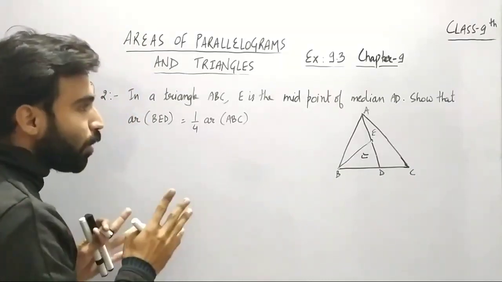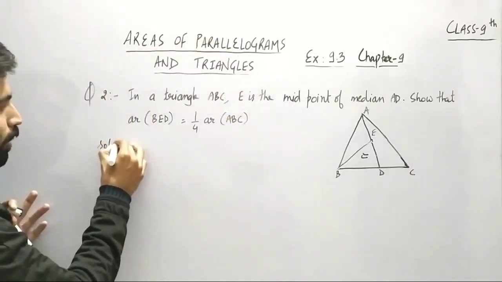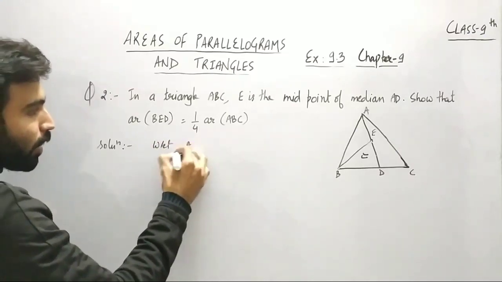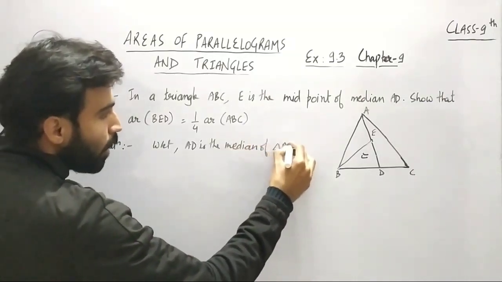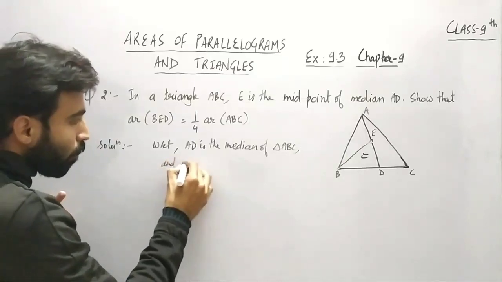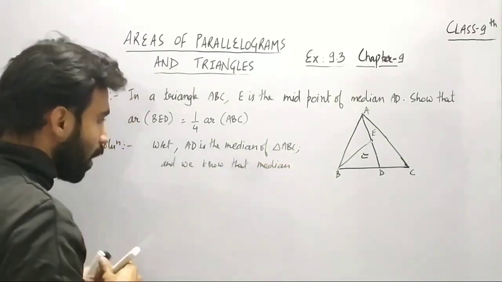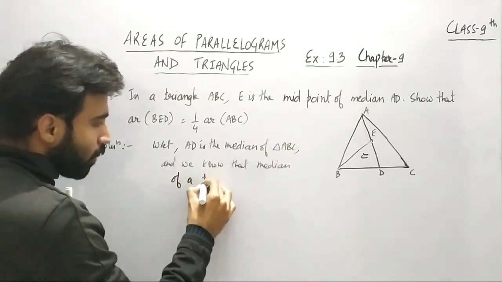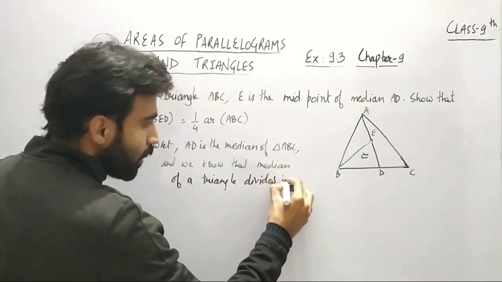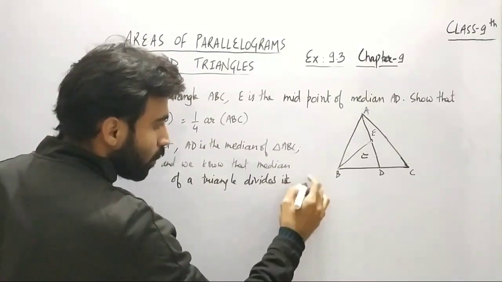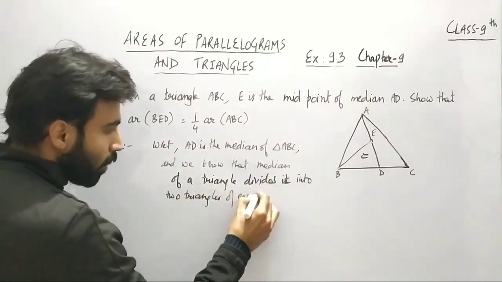सो सबसे पहले, as we know that AD is the median of this greater triangle ABC, so let me just start off my solution with that note, that we know that AD is the median of triangle ABC, and we know that median of a triangle divides it into two triangles of equal area, right?